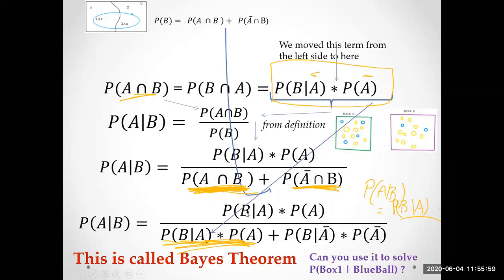So what are we going to have here? Blue ball given box 1. This is box 1. This is blue ball given box 1 times the probability of box 1. This is blue ball given not box 1. So what does not box 1 mean? Box 2. Box 2 times the probability of box 2.